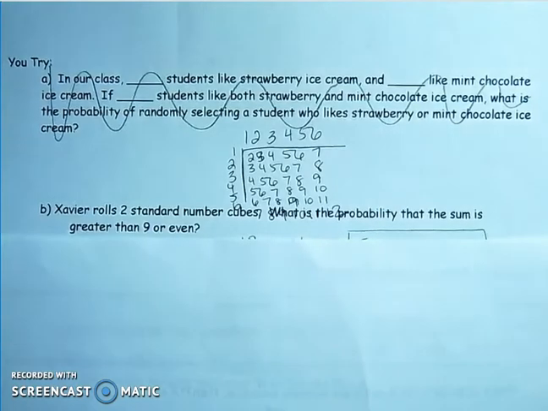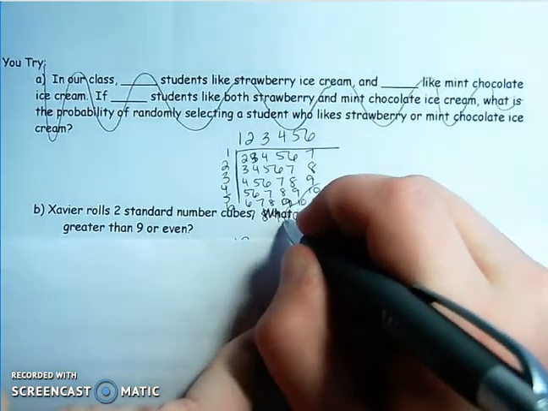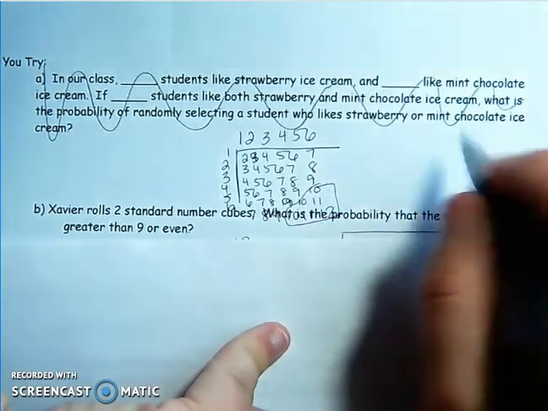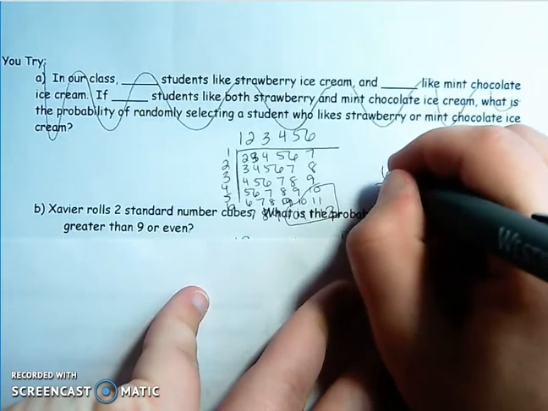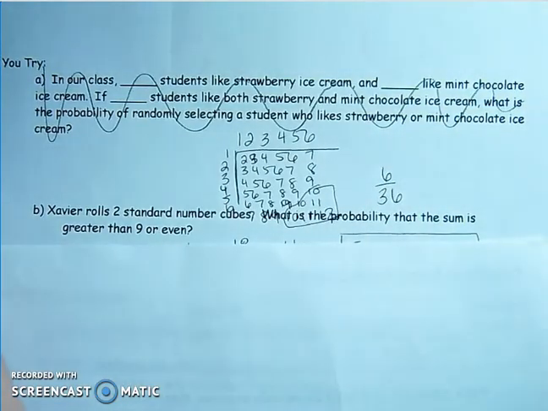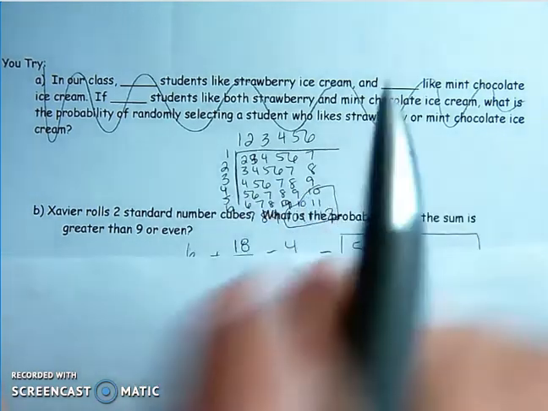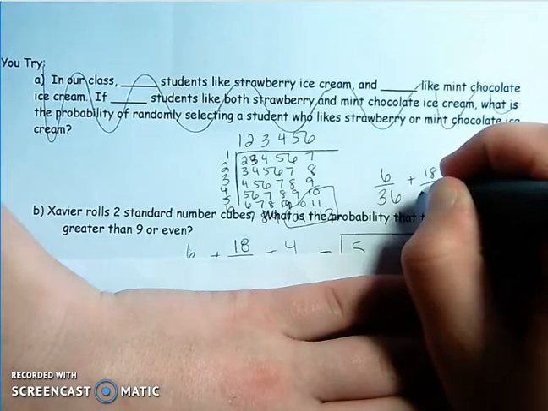So looking at this, for the sum greater than 9, all of these right here are greater than 9. So there's 1, 2, 3, 4, 5, 6. 6 out of 36 possibilities are greater than 9. How many of these possibilities are even? Well, that's half of them, which is 18 out of 36.